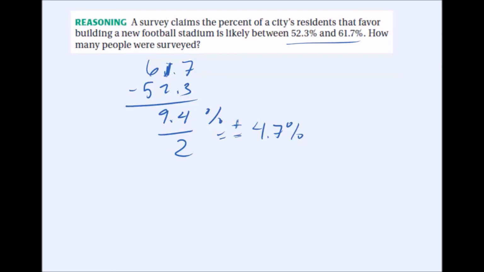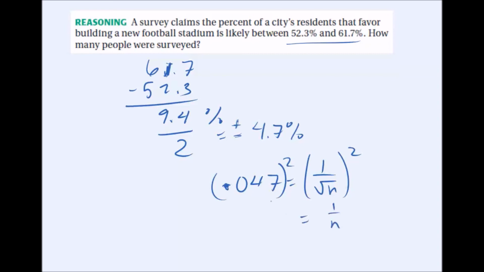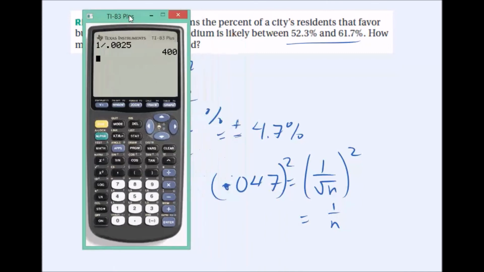Now that we know that, we can find out how many people were surveyed pretty easily. We just set it into the formula: 0.047 equals 1 over the square root of n. Square both sides to get 1 over n is equal to 0.047 squared. I've got to use my calculator for that.